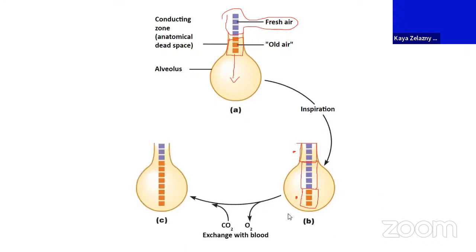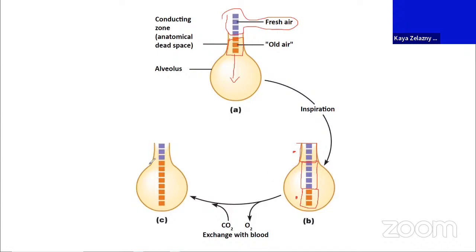All right. So at this point, we have gas exchange with the blood. Oxygen goes into the blood, carbon dioxide comes out of the blood. That can happen because we have that really thin respiratory barrier between our alveoli and our capillaries. We've just got one layer of cells forming the edges of the alveoli, one layer of cells forming the capillaries, and just a little thin basement membrane gluing them together.